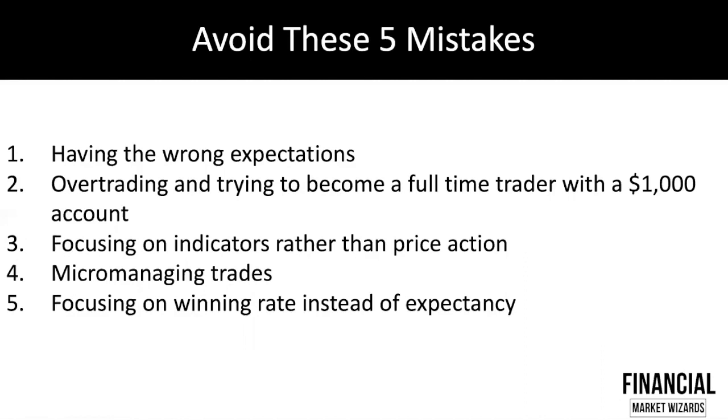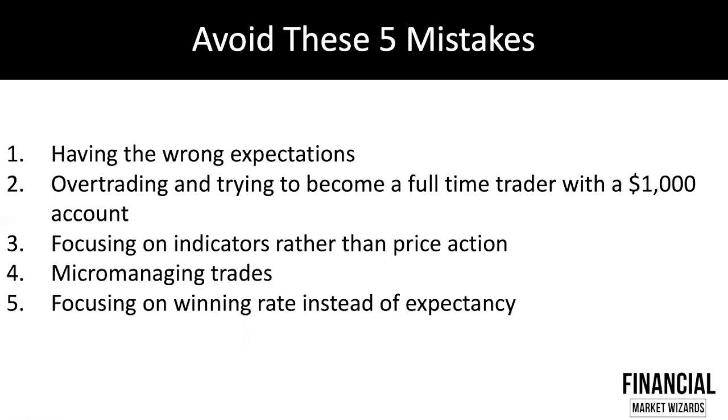So number one is having the wrong expectation. I talk about how you need to have the right expectation when it comes to trading. Don't expect to make $1 million in 2 weeks. I talk about overtrading, and how overtrading has to do with having the wrong expectation. Don't try to become a full-time trader with a $1,000 account. That's not realistic.